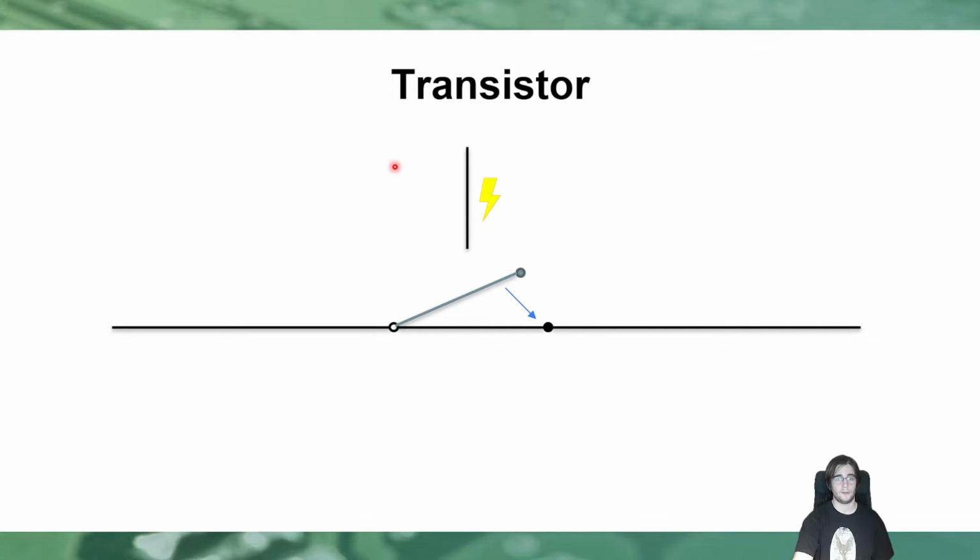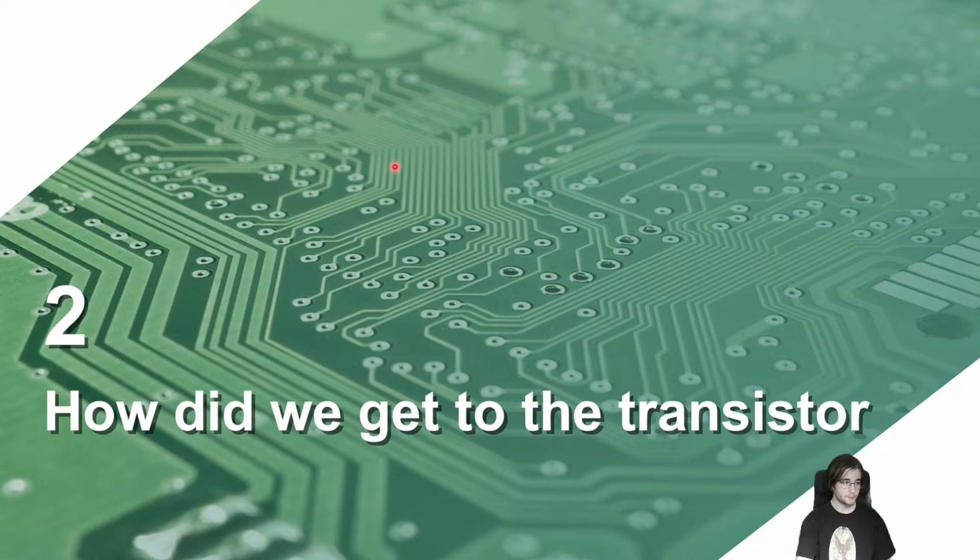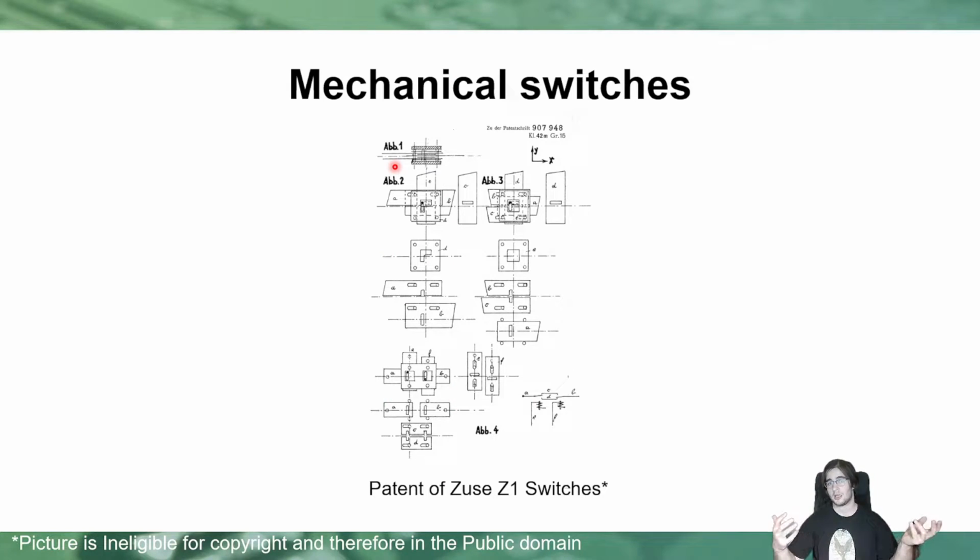It's quite simple. So, of course, how did we even get to a transistor? Transistors haven't been there all the time. We started with other things, as I already showed you in the first episode of the series. The first thing was mechanical switches.